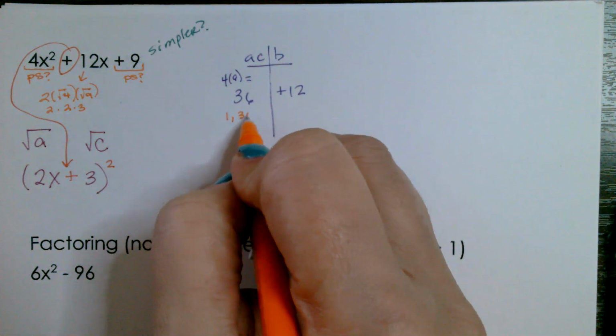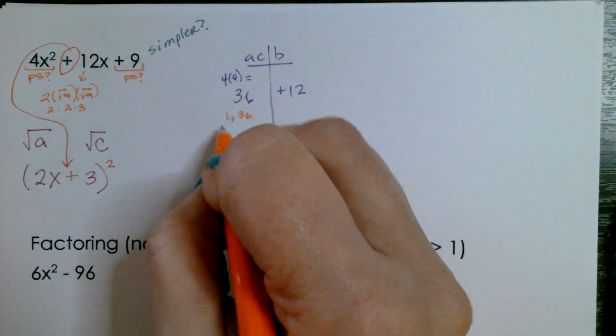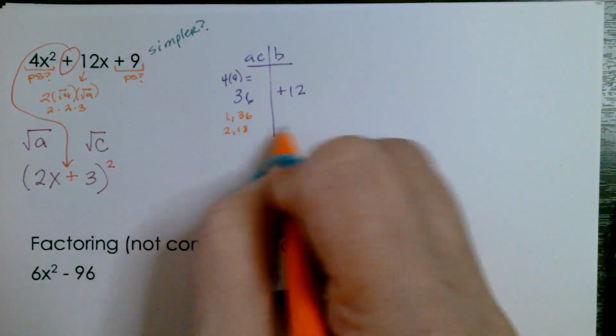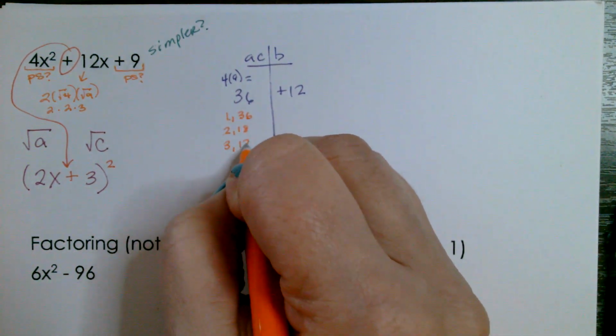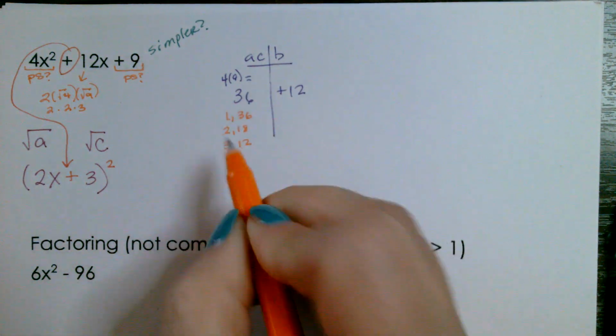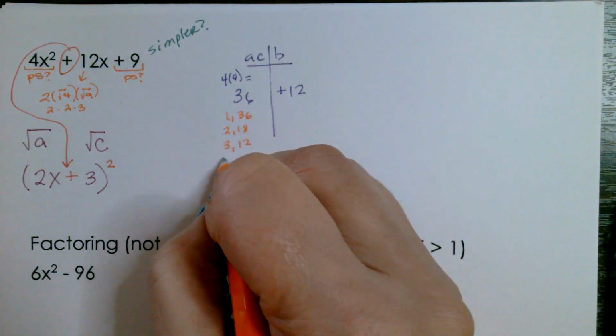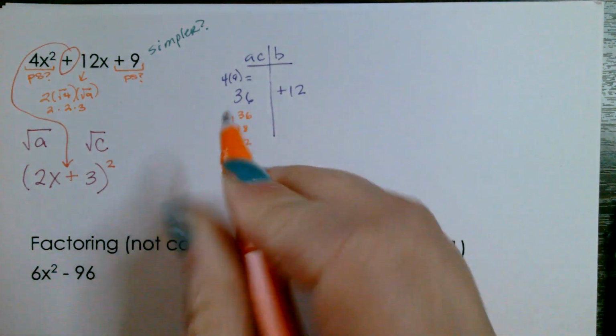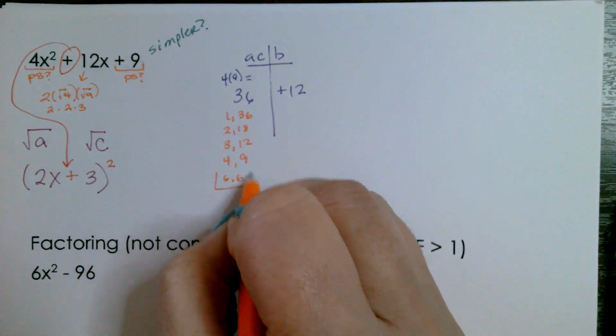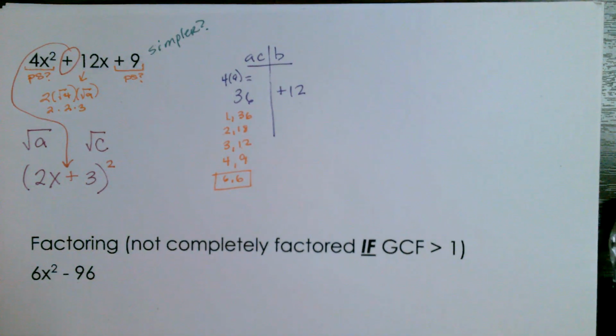I would have 1 and 36. They add to 37. 2 and 18, we're getting closer. We have 3 and 12, getting closer. This is a sum of 15. We have 4 and 9, that's 13. Oh, there it is, 6 and 6.